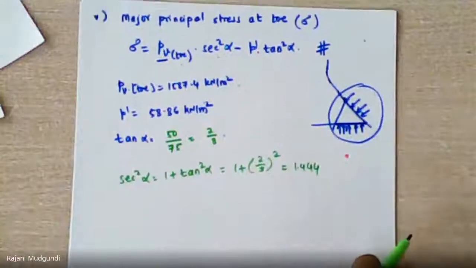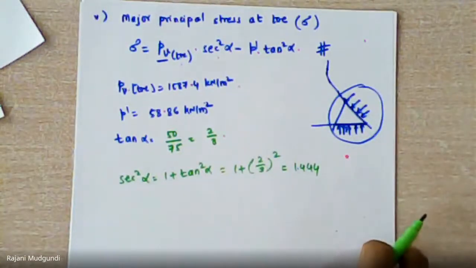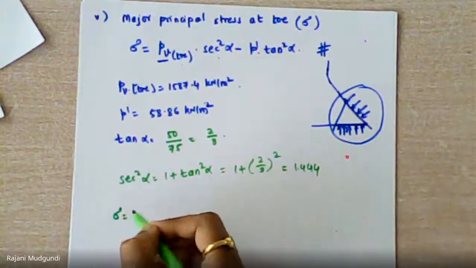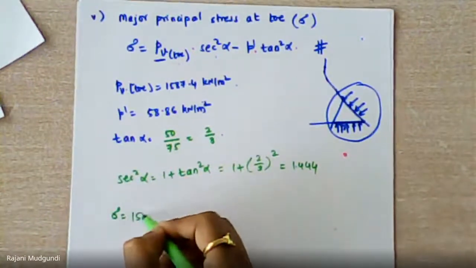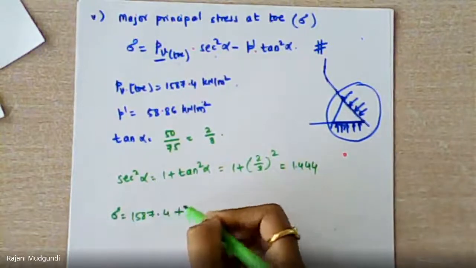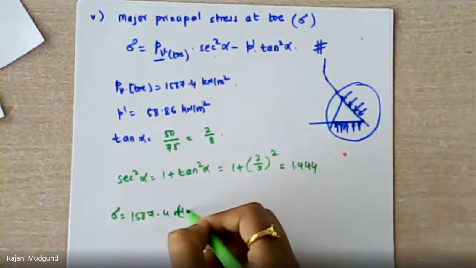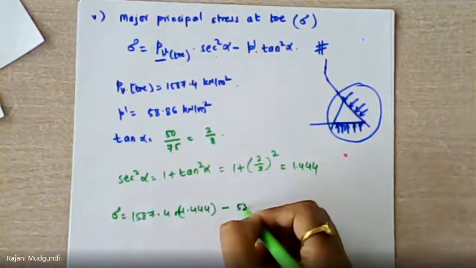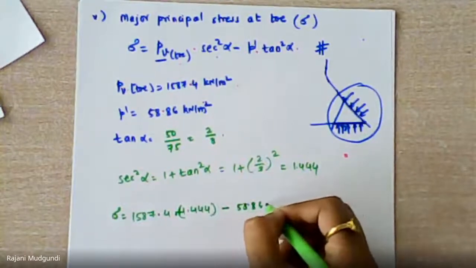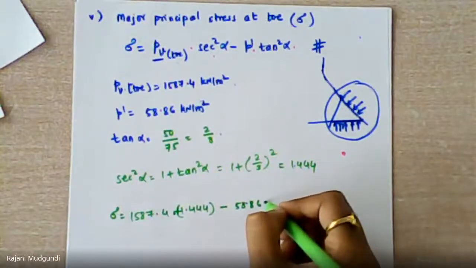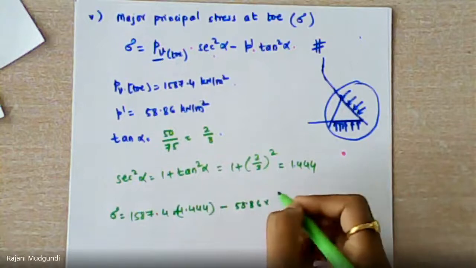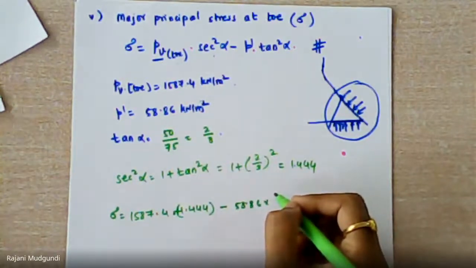Now put all these values in the above formula. You will get the major principal stress at toe. So sigma is equal to PV at toe, 1587.4, into sec square alpha, which is 1.444, minus 58.86 into tan square alpha, which is 2 by 3 square.